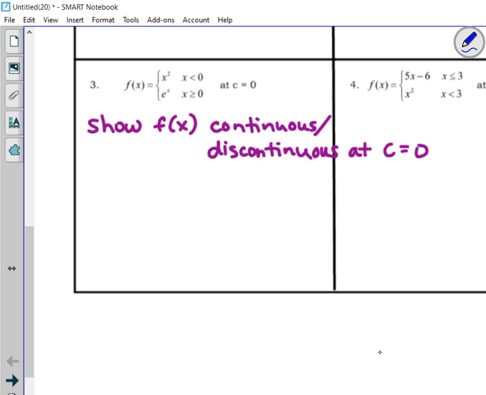In fact, you are never going to get any points for continuity if you don't talk about limits. So here we go. I'm going to start down the path of seeing if it's continuous. Either I'm going to get through the steps and at the end say, yay, I'm continuous, or I'm going to run into something that's not true and then I can say, discontinuous, I'm done.